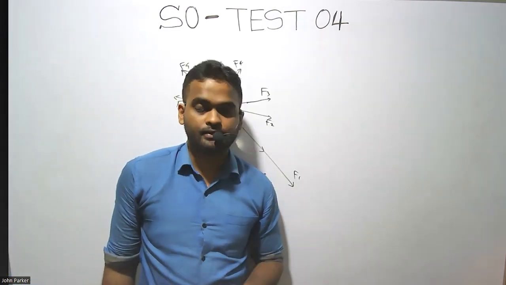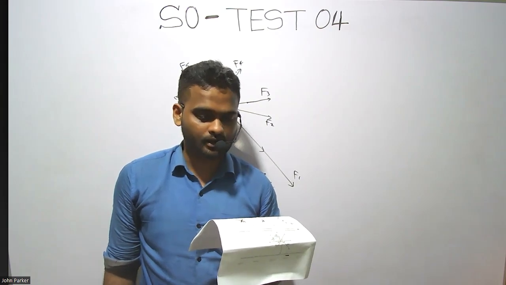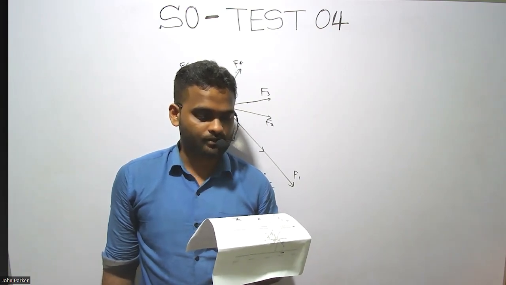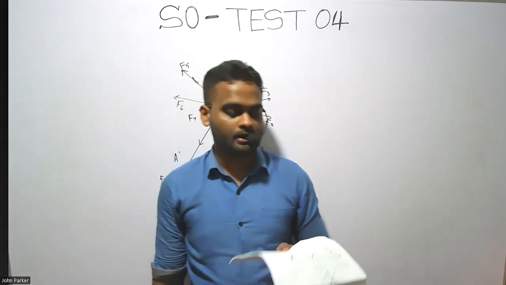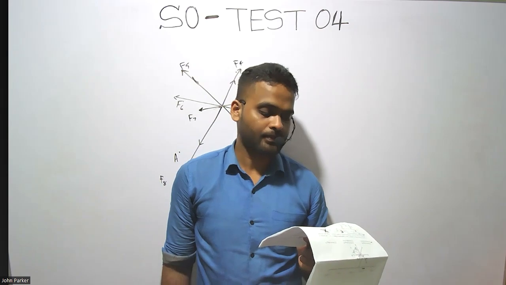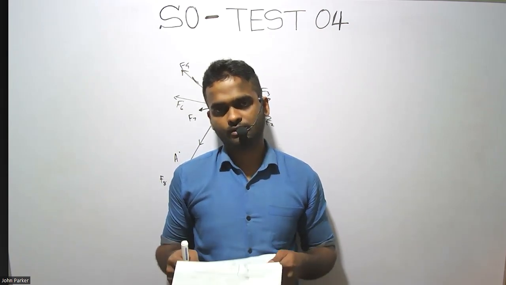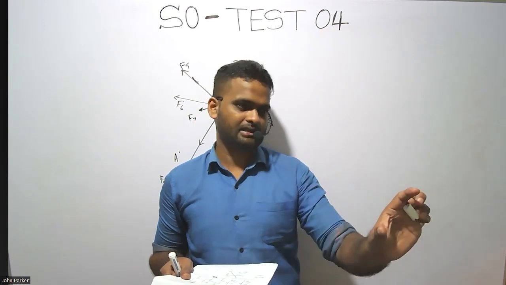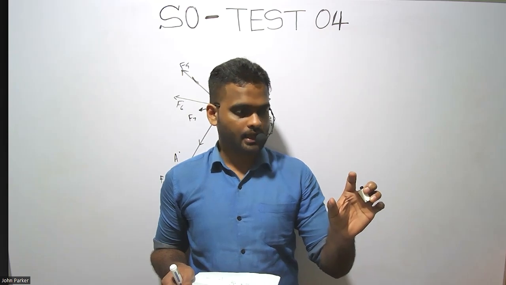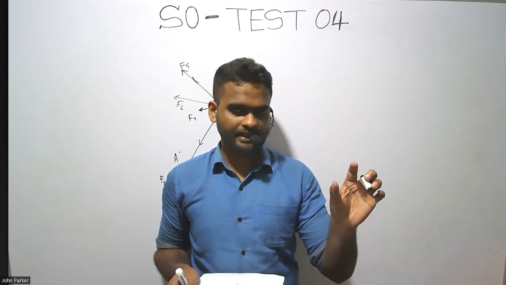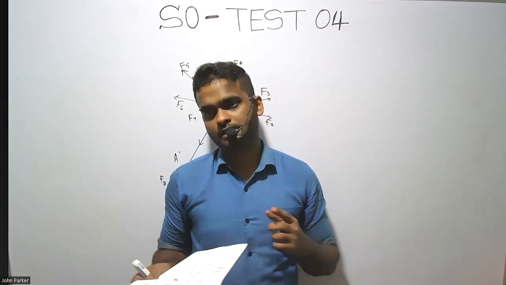Right, 15th question. A system of coplanar forces drawn to scale are acting on an object. Which vector shows the resultant force most likely? So this is an exam question. These are drawn to scale. So whenever they say drawn to scale, if you cannot clearly see just by looking at it, you can place your ruler and measure the lengths of each vector, right?